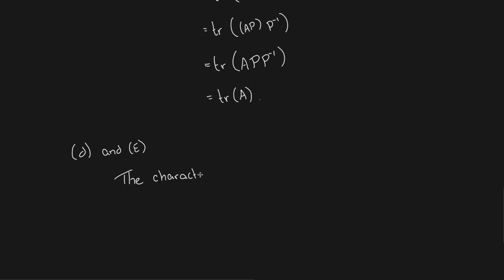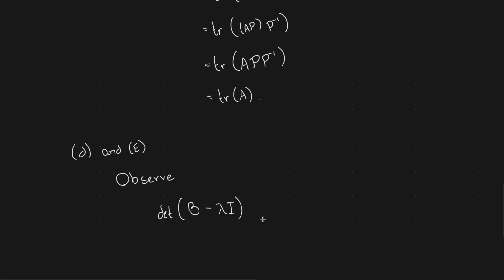Let me just write: observe. So I'm going to start with the characteristic equation for matrix B. Remember, the characteristic equation is the determinant of the matrix minus lambda times I. The zeros of the characteristic equation are the eigenvalues, right?